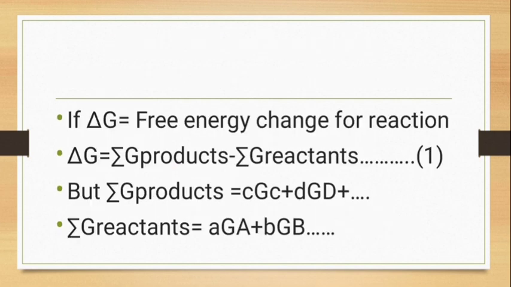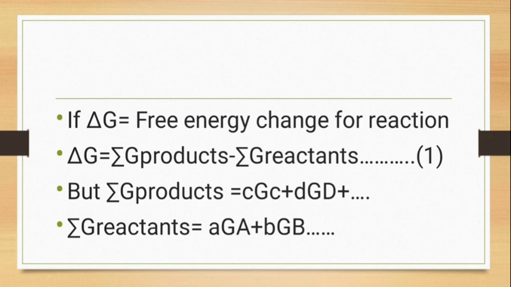Now, if delta G is the free energy change of a chemical reaction, then delta G is equal to the summation of Gibbs free energy of the products minus the summation of Gibbs free energy of the reactants. So, this is our equation number 1.